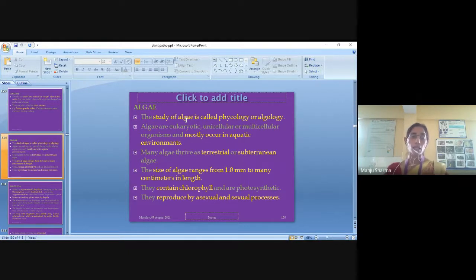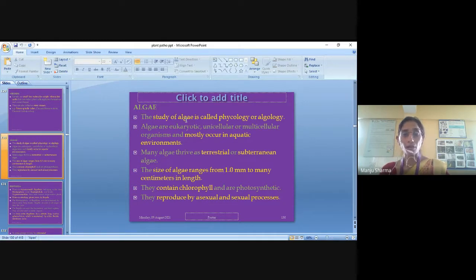Then algae. The study of algae is called phycology or algology. Algae are eukaryotic, unicellular or multicellular organisms and mostly occur in aquatic environments.